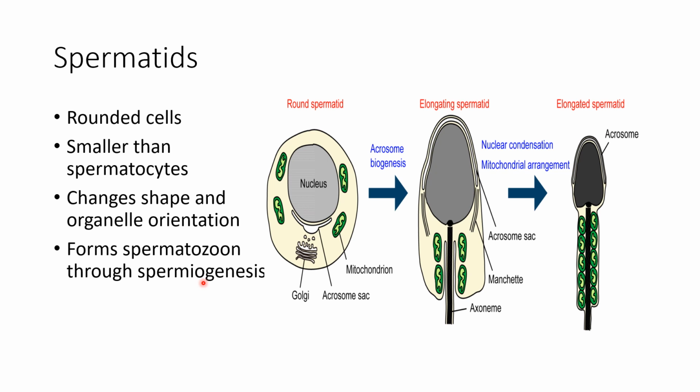You're going to see a rearrangement where the nucleus comes to the apical part of the spermatid and forms what looks like an acrosomal cap. You also have nuclear condensation happening, and the mitochondria arrange themselves towards the microtubules and form what you call the middle piece.